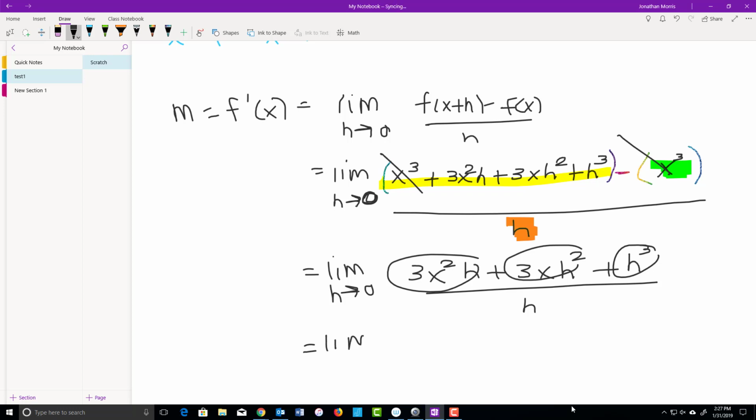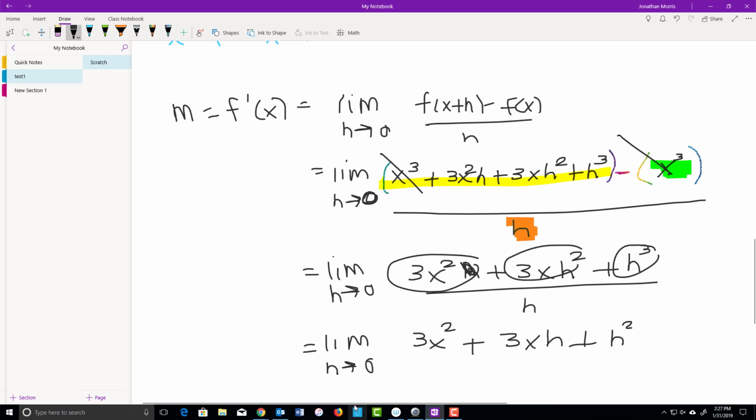What happens is this h cancels with this one, and I'm left with 3x squared. And this h in the bottom cancels out one of these two h's up here. So here I'm left with 3xh. And this h in the bottom cancels one of these up here, and I'm left with h squared.